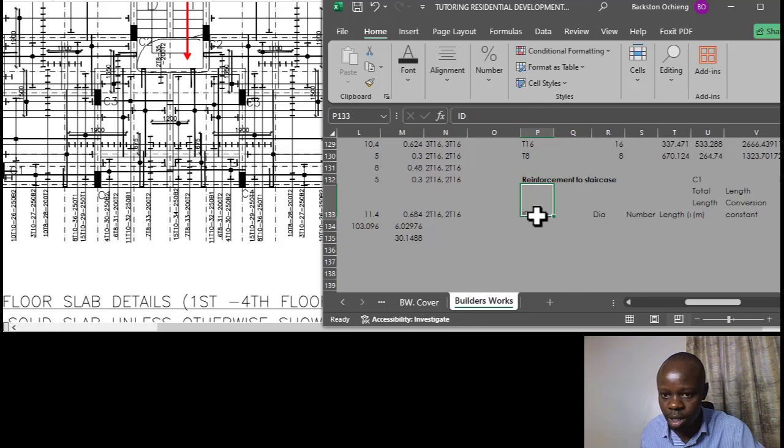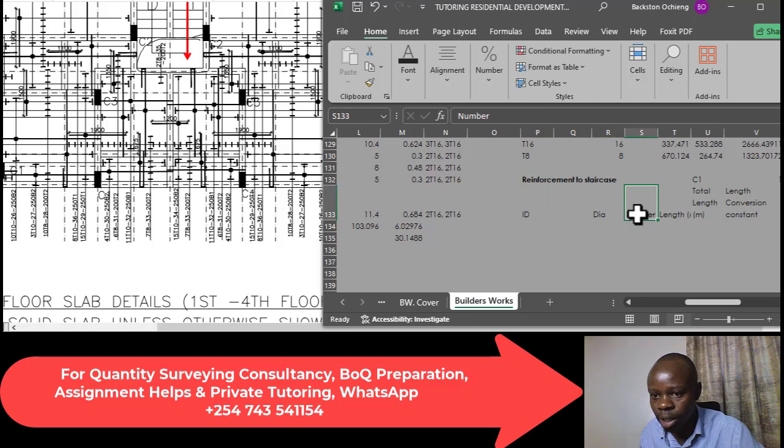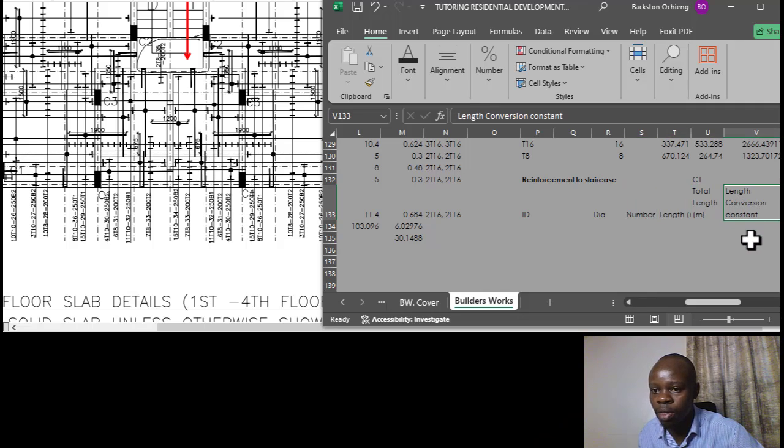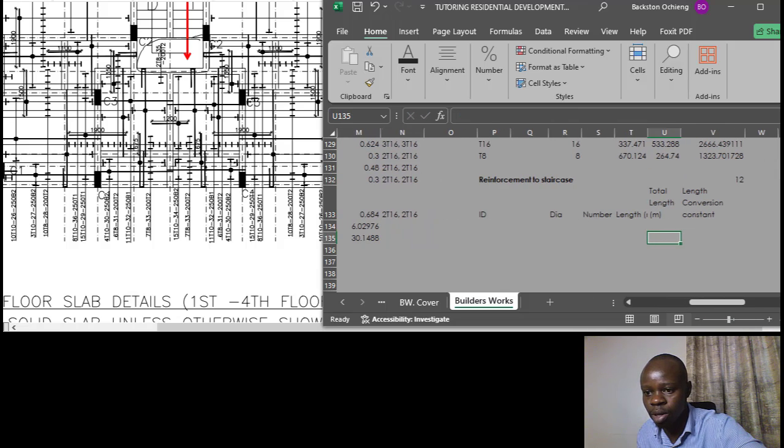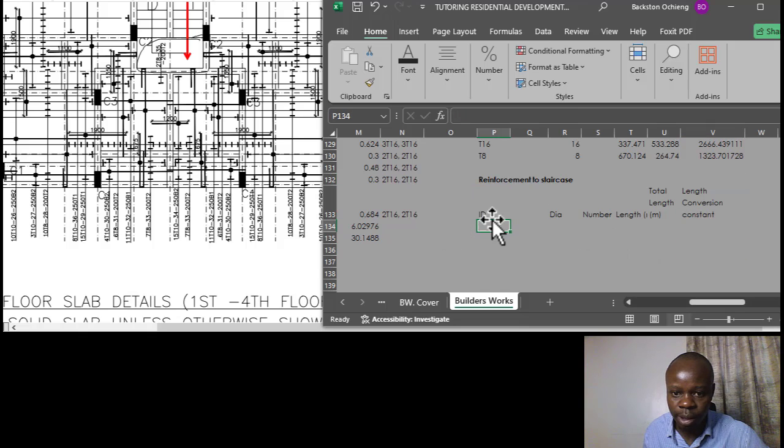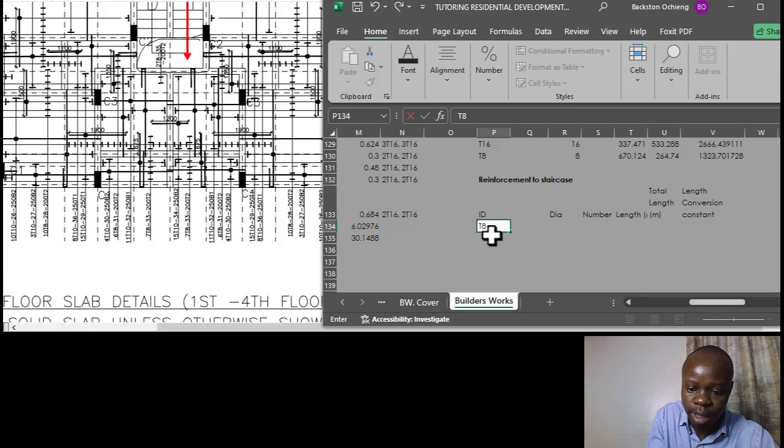Once we have that, this is now the ID, this is the diameter, the number, this is the length, total length for conversion. So do away with that C1 because those are the columns and we don't need them now. So the ID is now T8 02, that is bar mark 2.